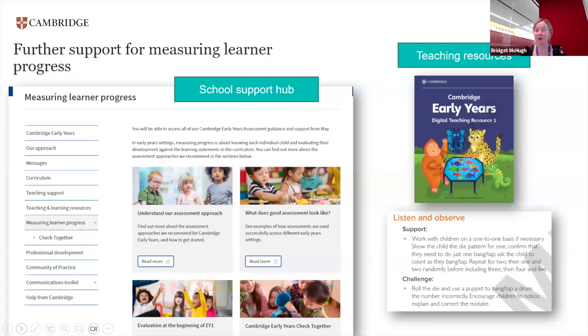These are available to purchase whether you're a Cambridge Early Years registered centre or not. But if you're a Cambridge registered Early Years centre, you actually get our teaching resource with lesson plans and downloadables all for free. And we have some of these observational assessment features within this to really support when you're assessing.